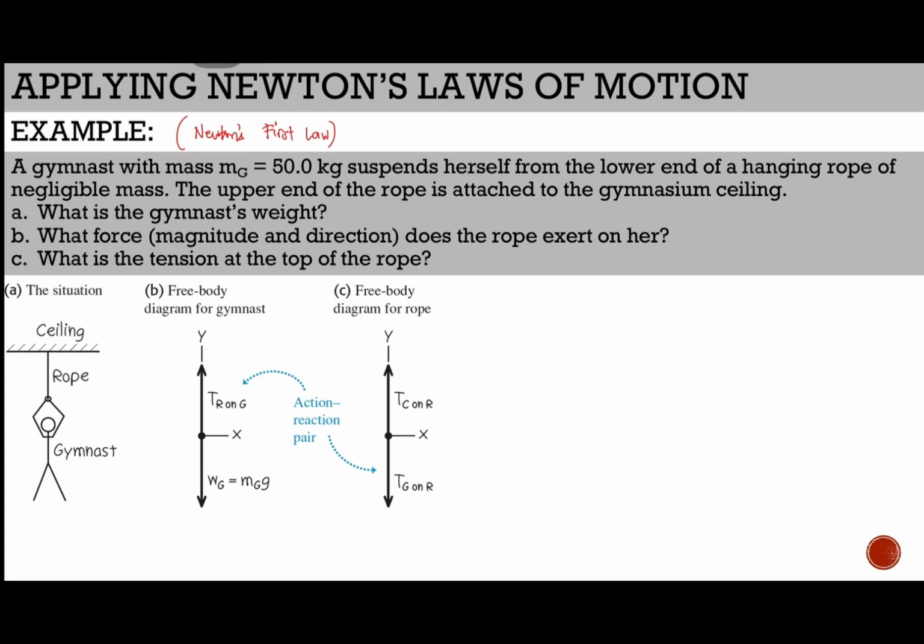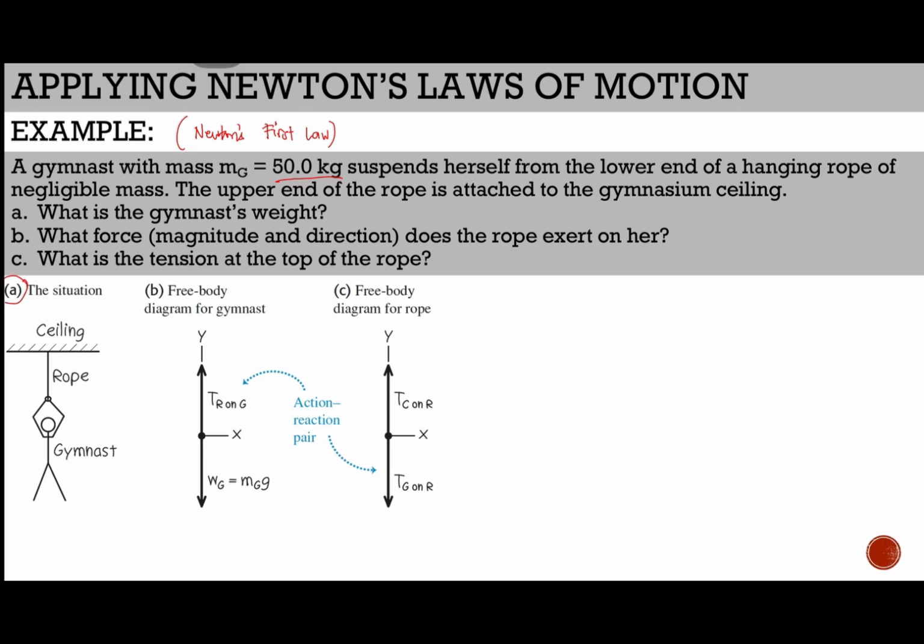If we read this, we have a gymnast with a mass of 50 kilograms who suspends herself from the lower end of a hanging rope of negligible mass. Here is our situation in figure A. The upper end of the rope is attached to the gymnasium ceiling.